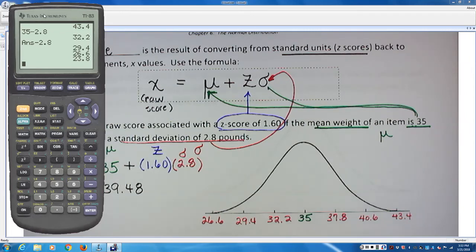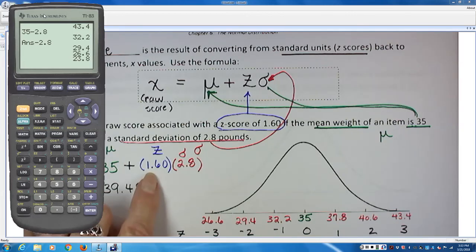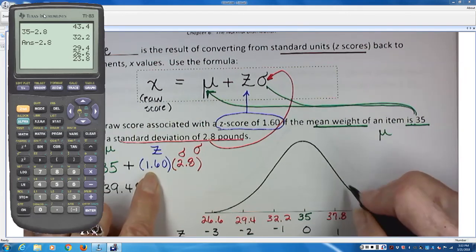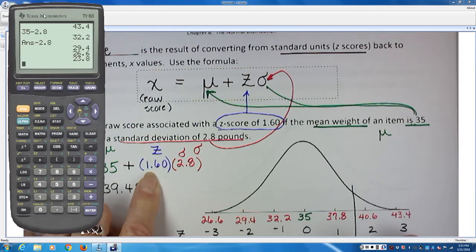So this corresponds to z-scores of -3, -2, -1, 0, 1, 2, 3. And our z-score was 1.60. And we need to convert that into the raw score, and when we did, we got 39.48.